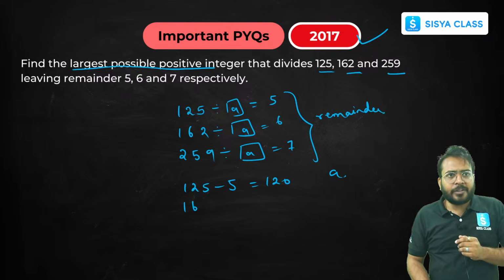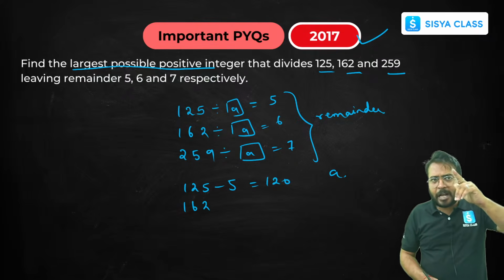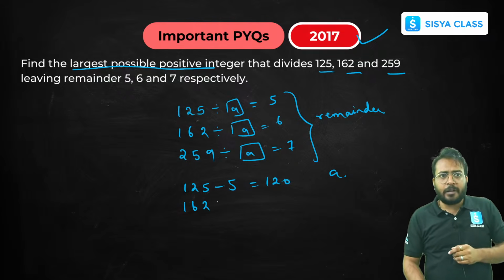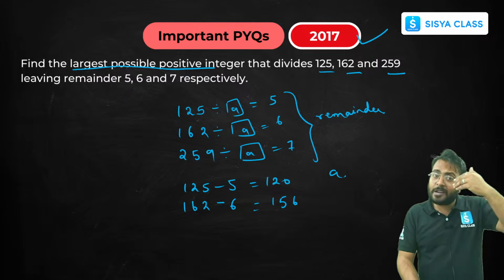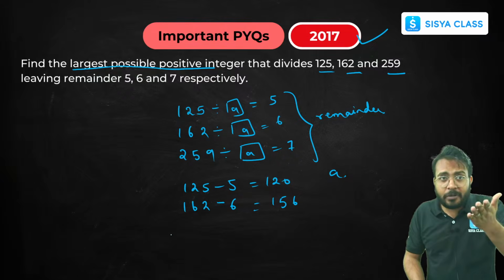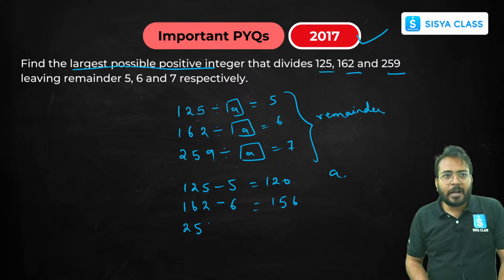In 162, when I am dividing with the same number, I am getting remainder as 6. That means when I subtract this, I am going to get 156. 156 has to be completely divisible by the given number. And 259, beta, when I subtract 7, this number also has to be completely divisible by A.